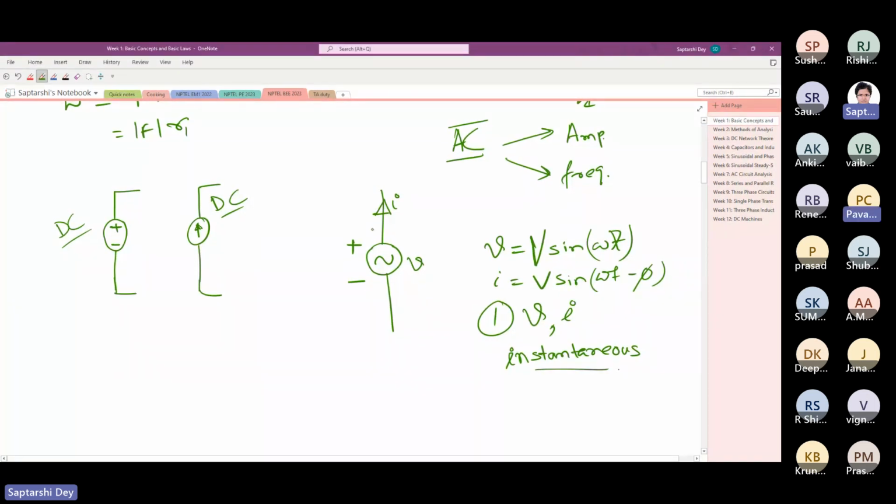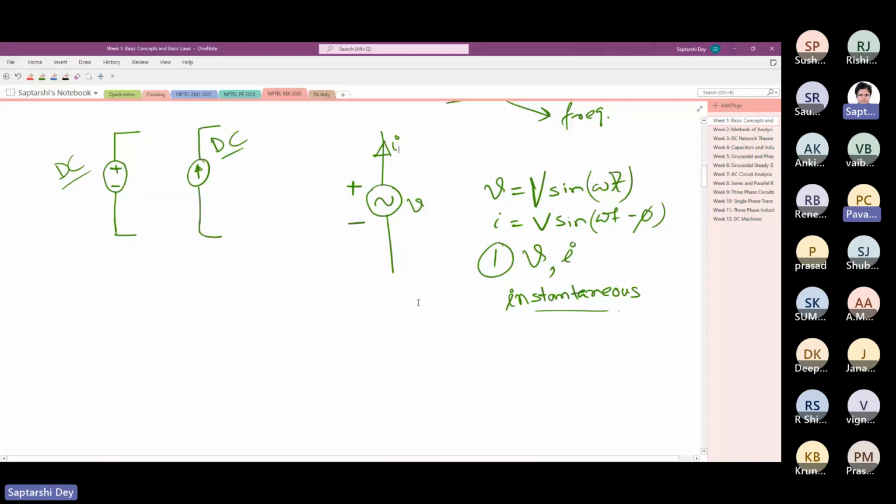My question is, AC voltage or current keeps changing its direction, then what is the point of giving a plus minus? Because if I write plus minus, after 20 milliseconds, the plus minus direction changes, right? The same thing is for current also, the direction changes. Then what is the point of giving this plus minus in AC voltage? Or is it at all correct to give a plus minus in AC voltage and current?